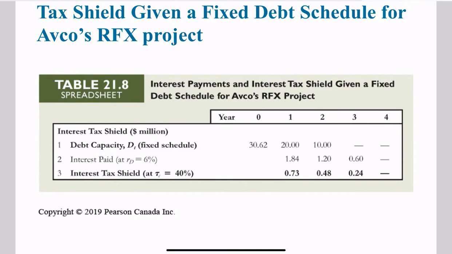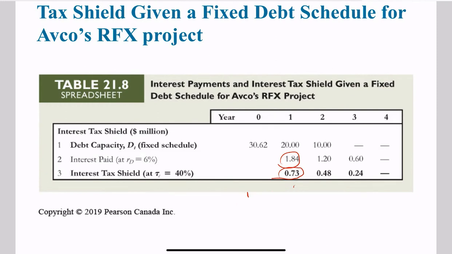For example, if the first year's debt is 30.62, then the interest we need to pay is this amount times 6%, which gives us 1.84. Then 1.84 times the corporate tax rate, the 40% tax rate, gives us 0.73.